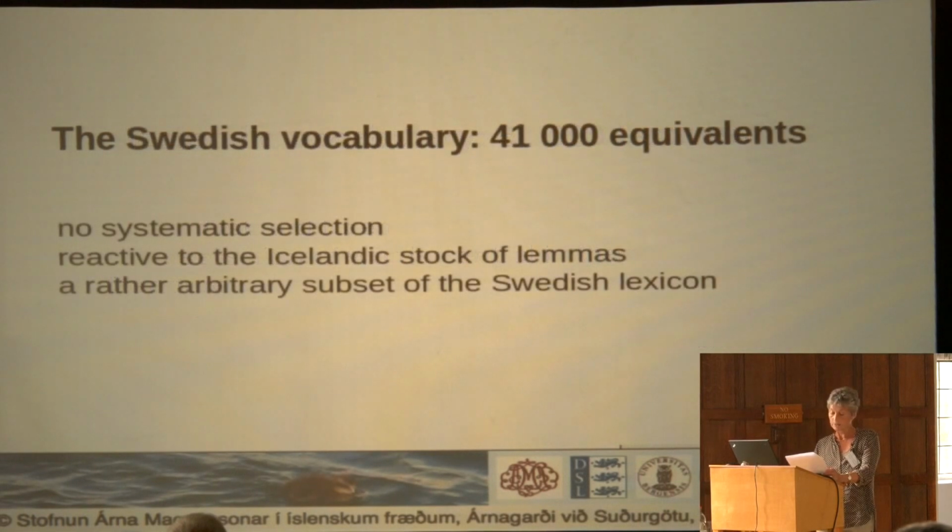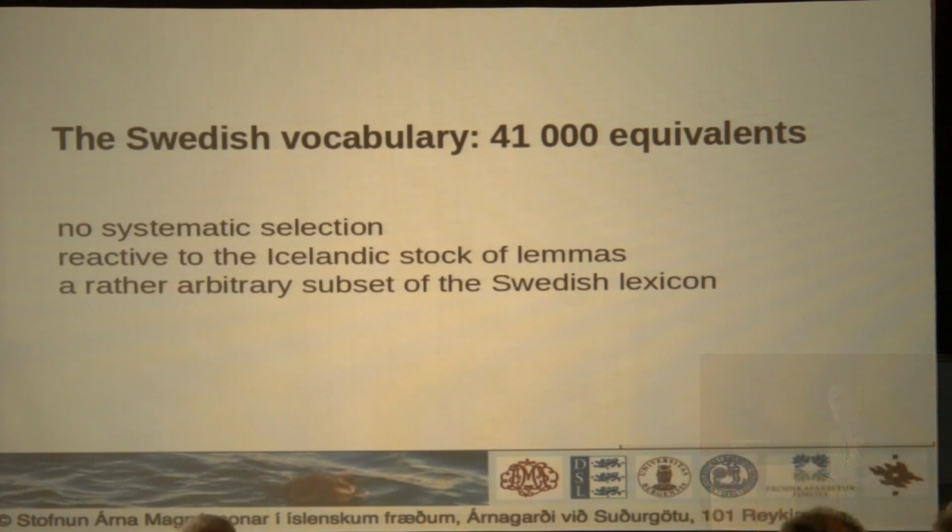As can be expected, this vocabulary of 41,000 words constitutes a somewhat arbitrary subset of the Swedish lexicon, and the degree of representativity in terms of basic words among these 41,000 words is somewhat insufficient compared to the representativity of the Icelandic lemmas.